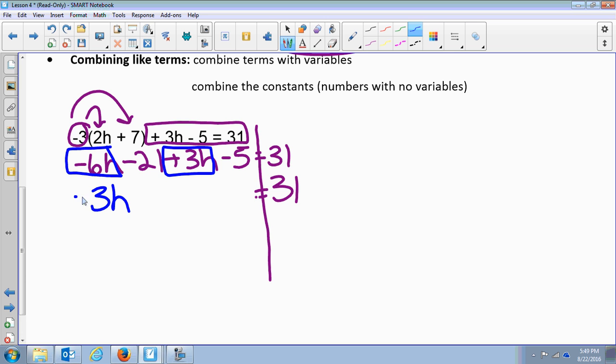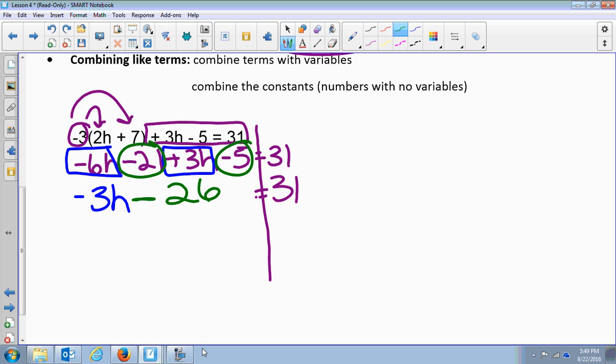Keep the sign of the bigger number, so that's going to be negative 3h. Next, I see I have two just plain old numbers. I have negative 21 and I have negative 5, so I can go ahead and combine my constants. So, negative plus a negative keeps it a negative, and I add them together. So 21 plus 5 gives me 26.